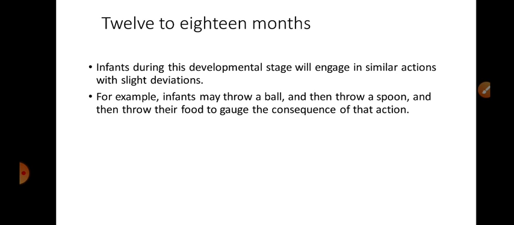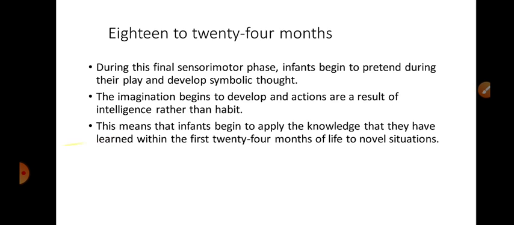In that 12 to 18 months, they can stand, they can walk, and they can throw a ball. Okay, they can catch the ball, or they can try to pull the ball, and they can try to hold the bat. Okay, they come to know the uses of particular things. If the glass is there, they try to drink the water from the glass, because they come to know the uses of particular things at a particular stage.